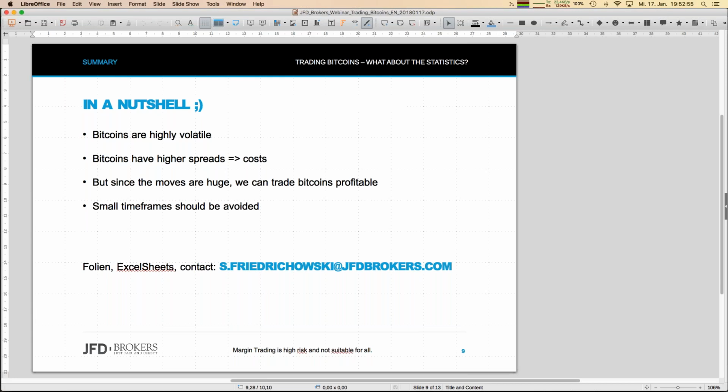So it's always a balance between spreads and volatility, which opens the door for any profitable trade. And therefore we need a close view on spreads as always, and especially if it comes to Bitcoins.